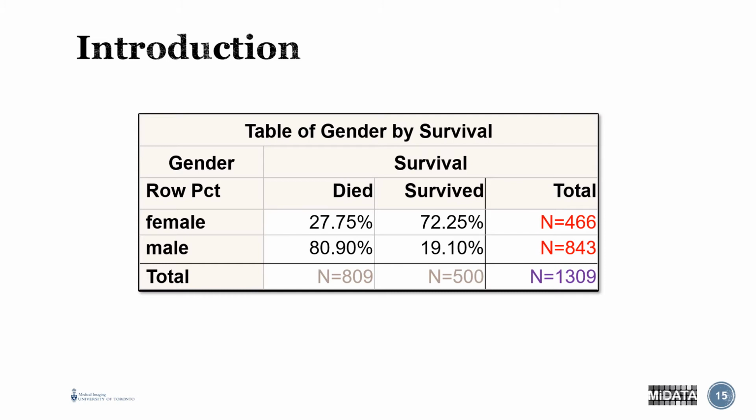In this case, we've chosen to give it a percentage for our frequencies, and as you can see, for females, about 30% of them died, whereas in males, about 80% of them died, which is right away an obvious big difference. So the question is, is there an association?